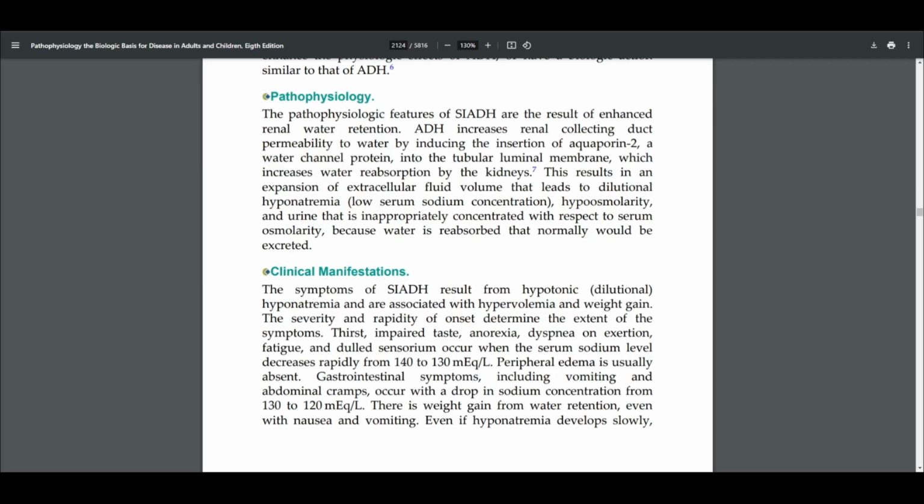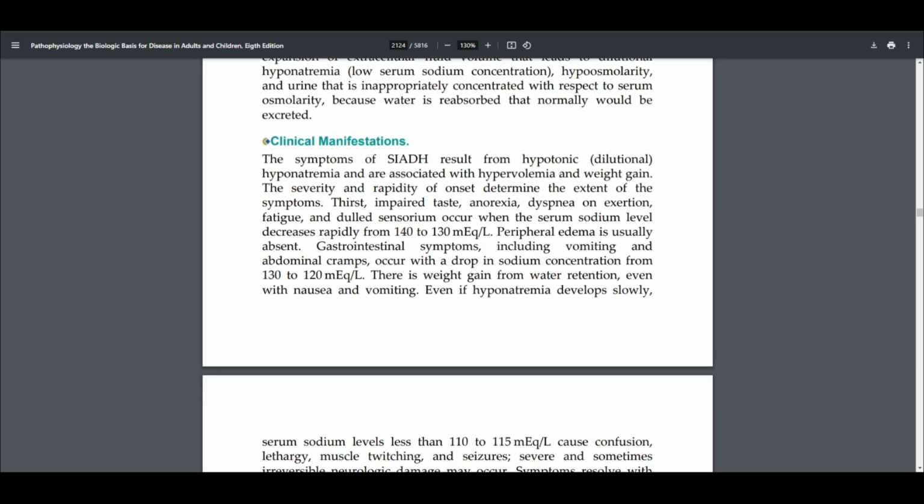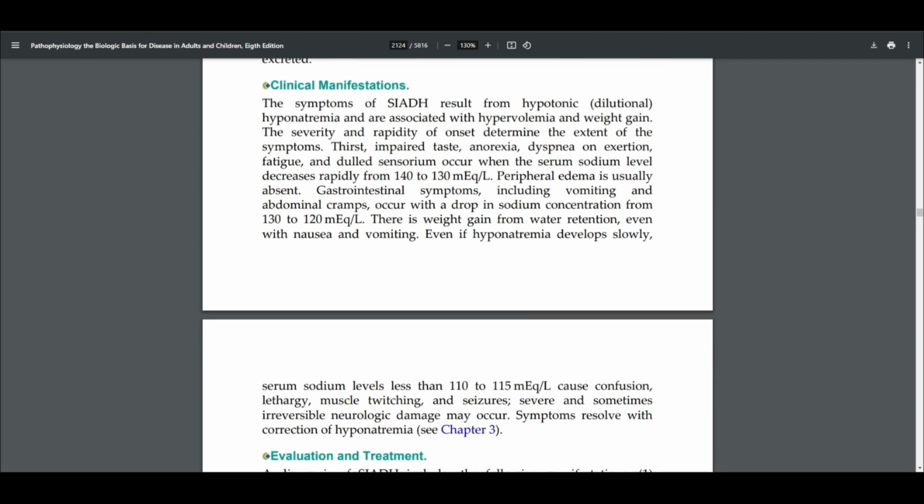This results in an expansion of extracellular fluid volume that leads to dilutional hyponatremia, hypoosmolarity, and urine that is inappropriately concentrated with respect to serum osmolarity, because water is reabsorbed that normally would be excreted. So what kind of clinical manifestations do we then suspect to see in SIADH?